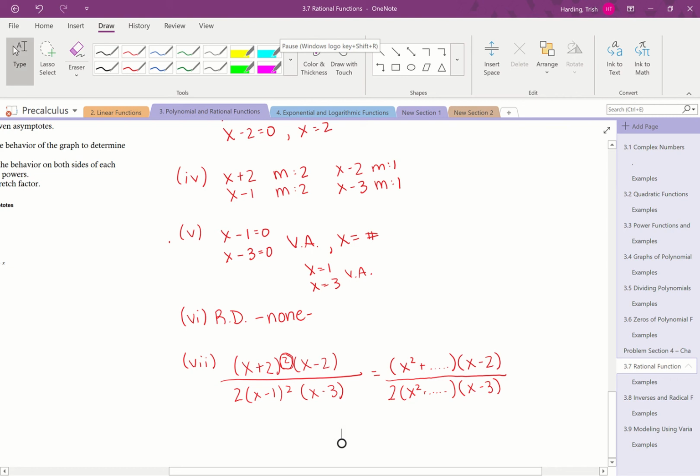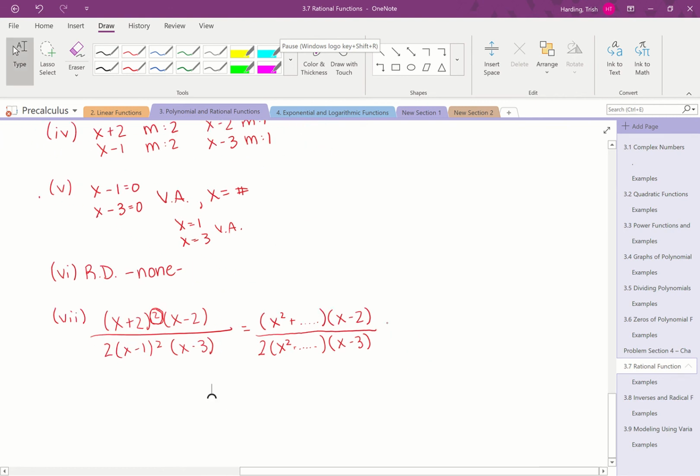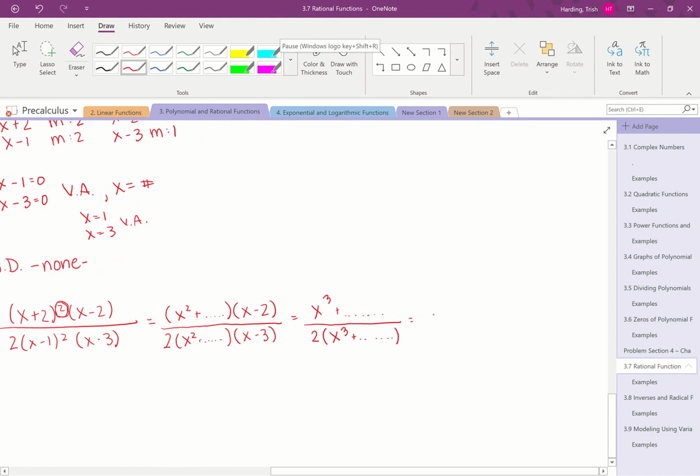Now I could keep analyzing just the first terms. On top, I'm going to get x cubed plus whatever, and on the bottom, I will get 2 times x cubed plus something. It doesn't matter. So now I will have x cubed plus something over 2x cubed plus something.